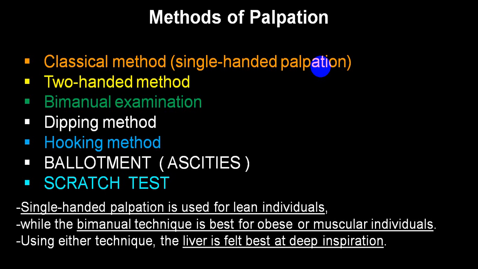But while doing a deep palpation, you move your fingertips by moving your fingers in extension at the metacarpophalangeal joints. So the technique will change in superficial palpation and deep palpation. Usually it is a single-handed method.